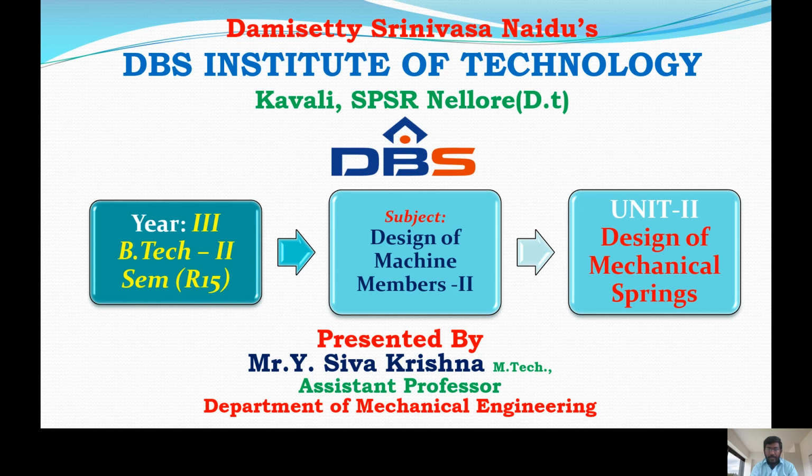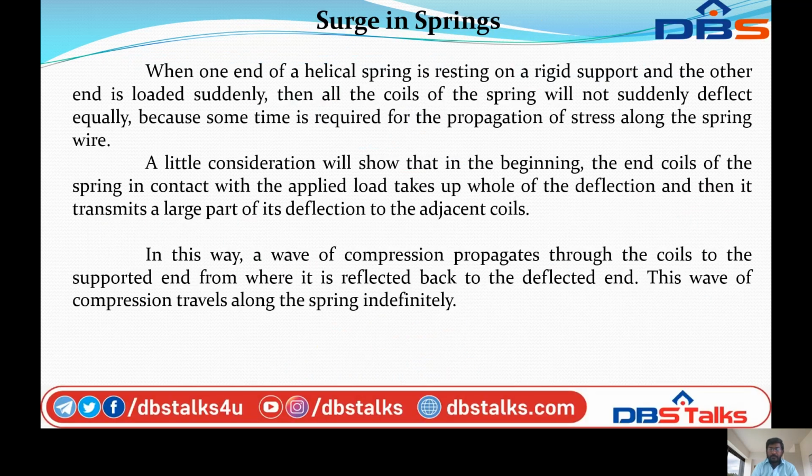Surge in springs. When one end of the helical spring is resting on a rigid support and the other end is loaded suddenly, so the helical spring has two supports: the first is a rigid support, the other is a loaded support.